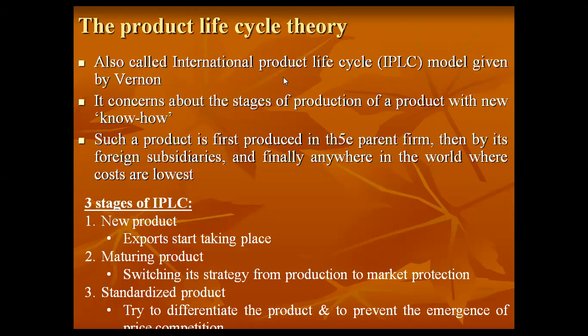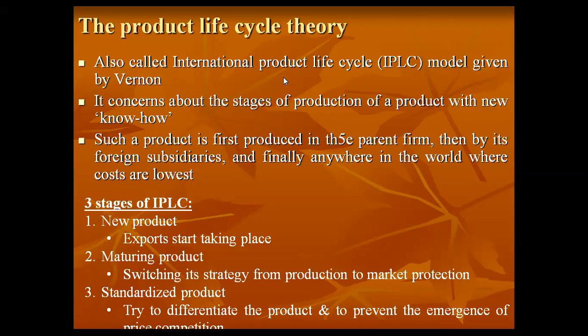So the lower per unit cost of production results in exports to developing countries, because developing countries look at the price. When unit cost decreases, those products can be sold in developing economies.